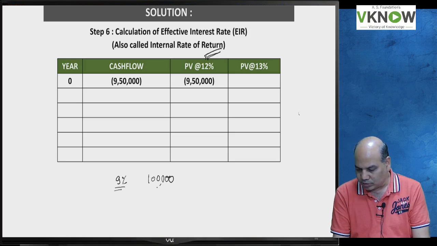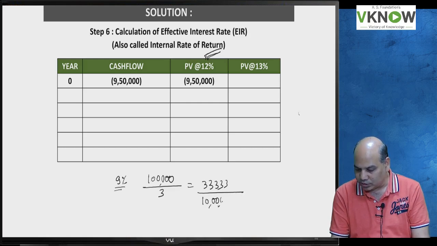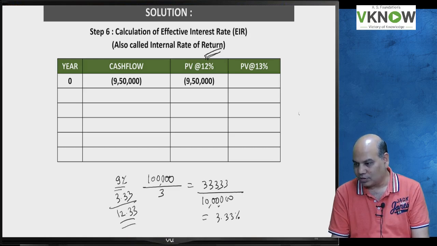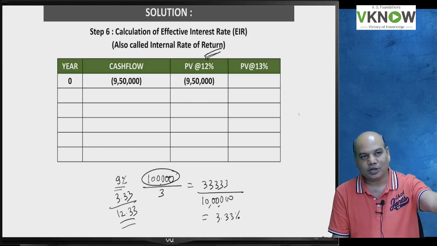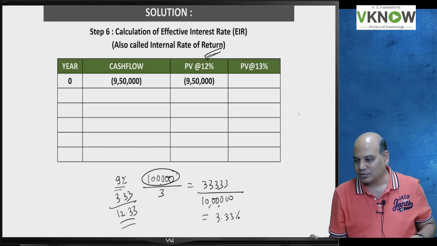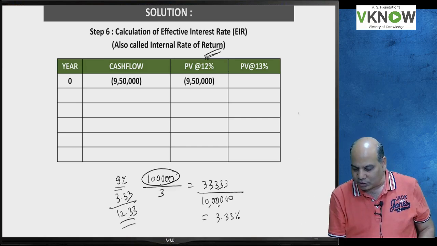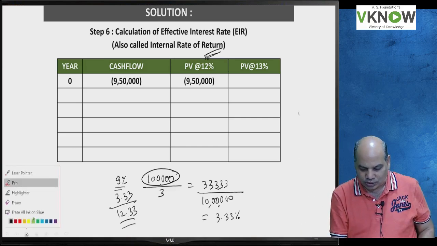1 lakh more over how many years? 3 years. So that is 33,333 you are paying every year more. And that suppose I divide by roughly 10 lakh rupees. So that is 3.33%. So if I roughly add 3.33, roughly, all these are rough calculation, because time value of money is also involved. This 1 lakh I have directly taken, but 50,000 is now and 50,000 is after 3 years. So roughly I got an idea that it will be somewhere around 12, 13, 14%.